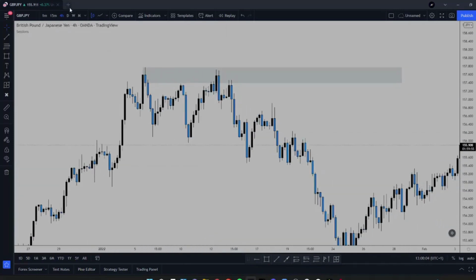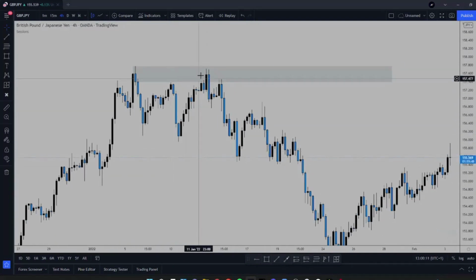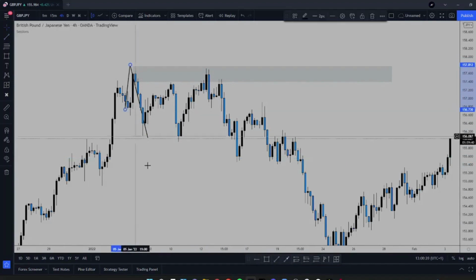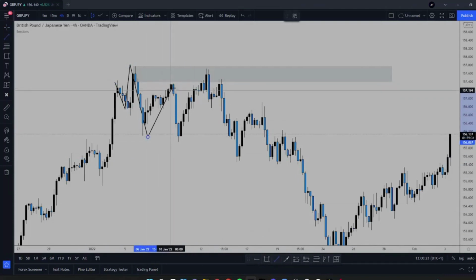Okay, you also have to understand where you are at the weekly, right? But now we're just going to focus on this zone. So when price comes back, all right, let's just draw like we did before, so it's clean for you guys. Price did this, and came back.